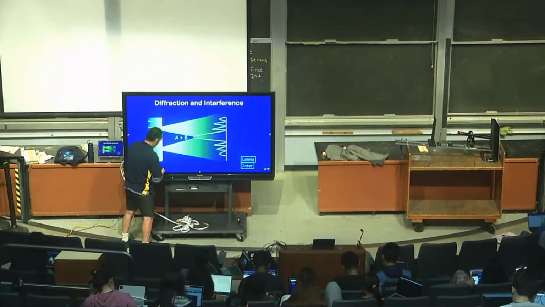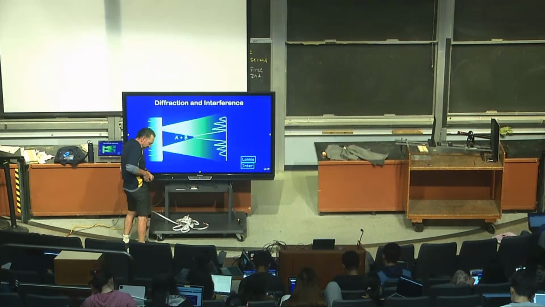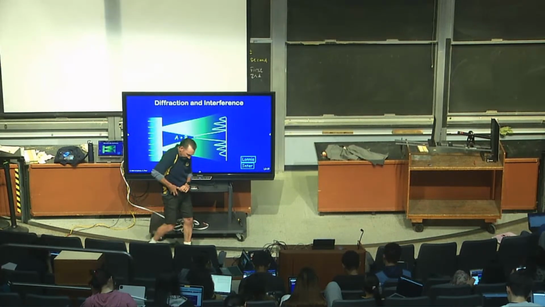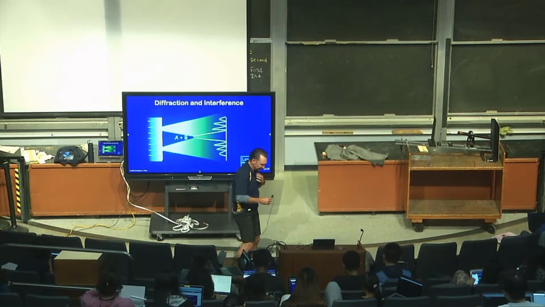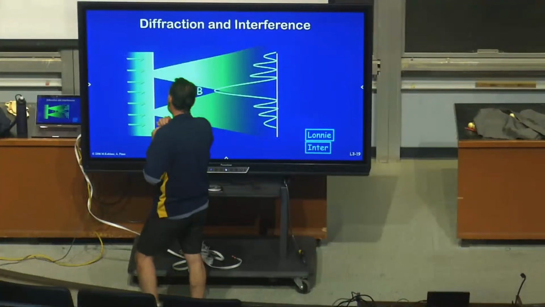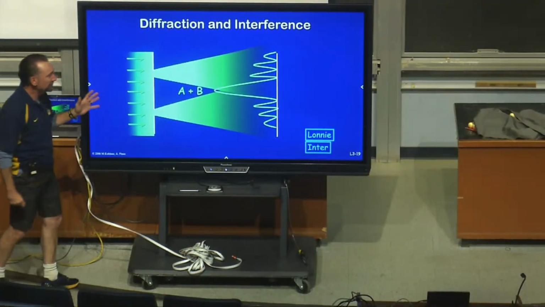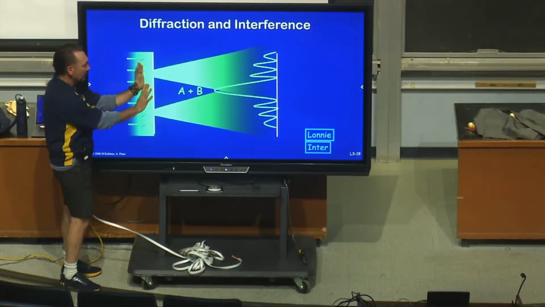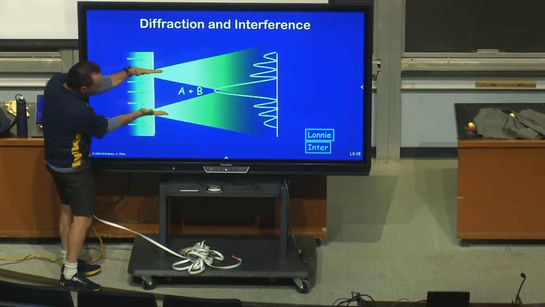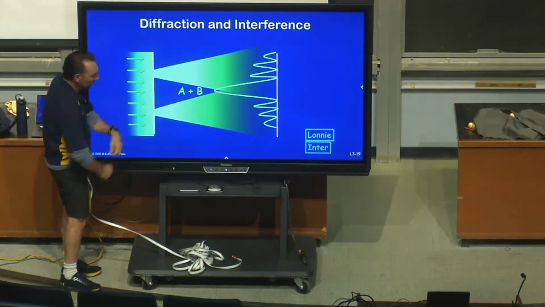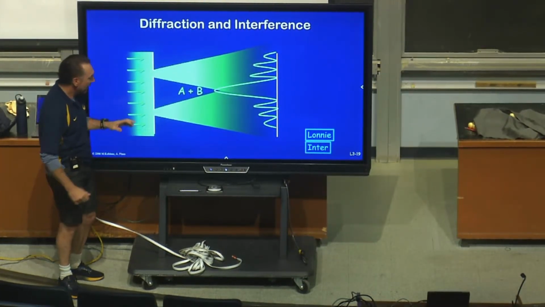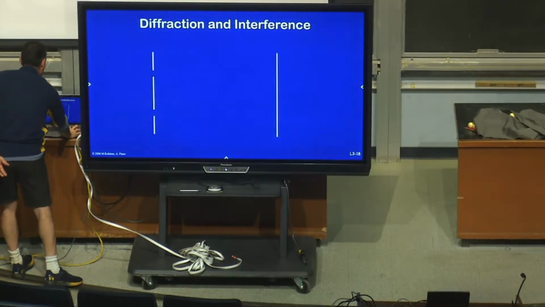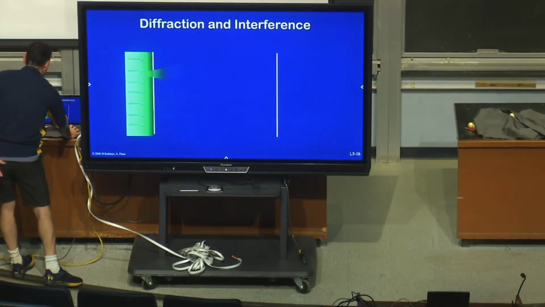So waves do this thing, we know, where they can have constructive and destructive interference. You can make that happen in an interesting way. You can have light come onto a surface with two little pinholes in it.